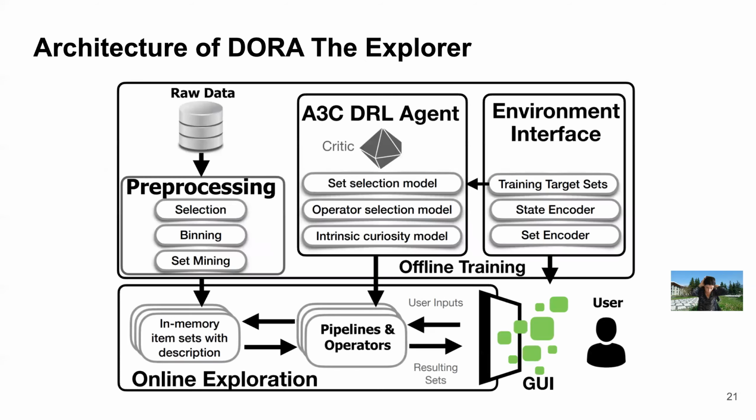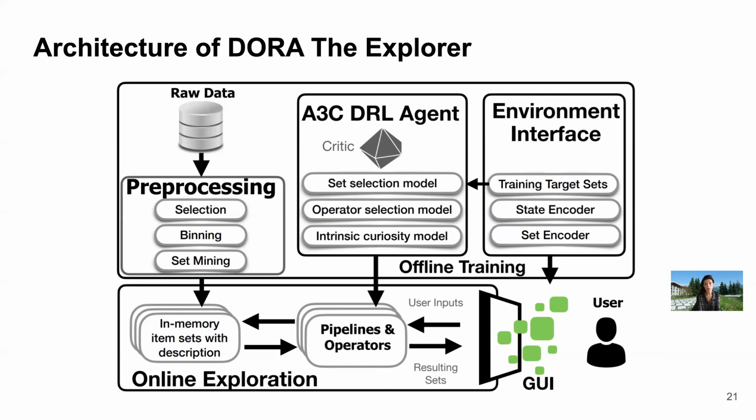So DORA is a system that we built for different data sets in different domains that have been given to us by our European partners. One of them is SDSS.